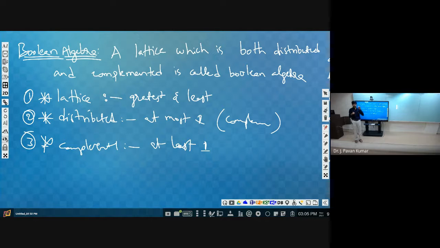A relation is nothing but a subset of the Cartesian product. In a relation we have properties like symmetric, reflexive, antisymmetric, asymmetric, irreflexive, transitive. If a relation satisfies symmetric, reflexive and transitive, then we call it an equivalence relation. Yes or no?